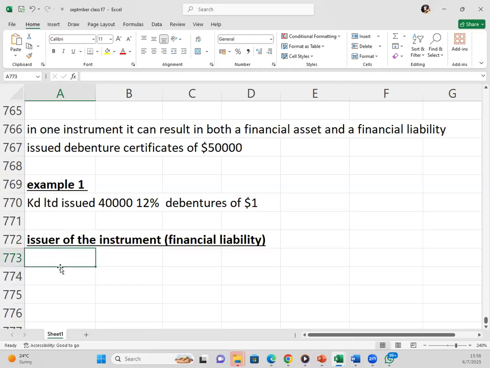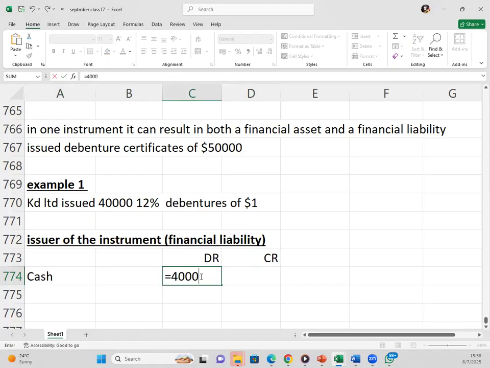So how are we going to account for this in the books of KD Limited? In the books of KD Limited, we are going to debit cash. We are going to receive 40,000 in our bank.